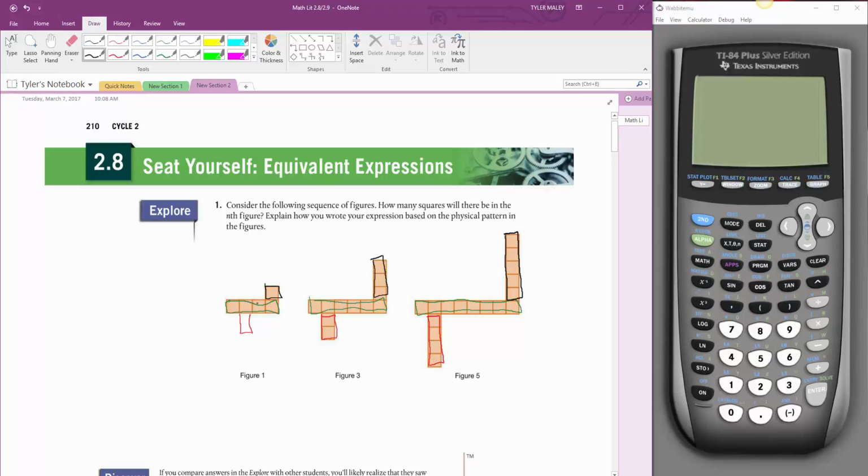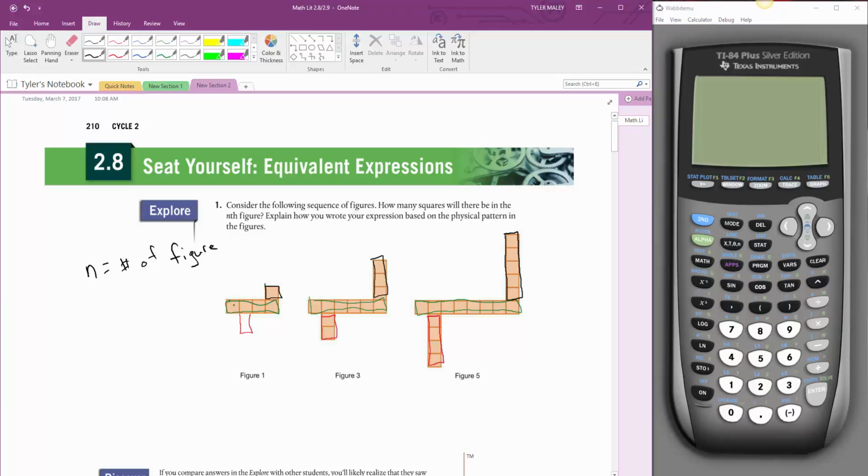So now we need to try to think of a way to express this in terms of n, right? Where n is the number of the figure. So n equals the number of the figure. You might have to use just some reasoning to try to figure this out.